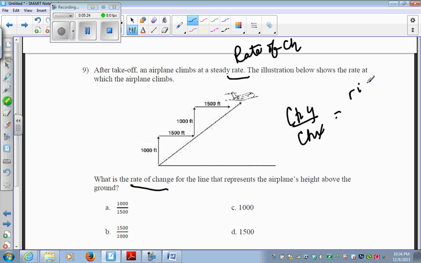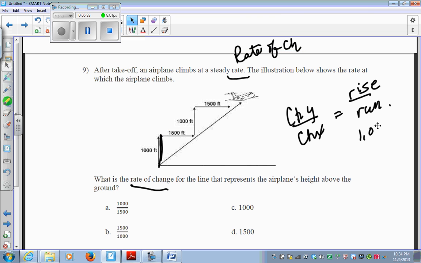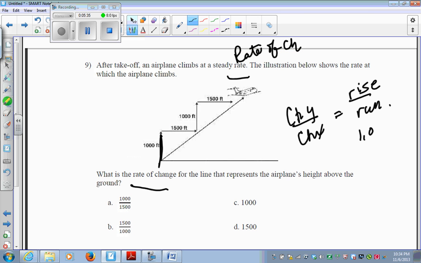We also call that rise over run. So let's look and see how much it's rising. So it's rising 1,000. And then it goes across. My run is 1,500. So therefore, my rate of change is A, 1,000 over 1,500.